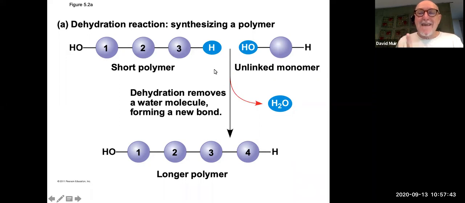We don't only make macromolecules, we also break macromolecules down. There can be various reasons why that happens. Sometimes the protein's not needed anymore, so it's broken down. Sometimes we break things down to construct another molecule.